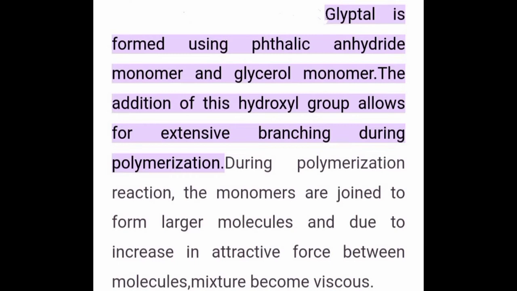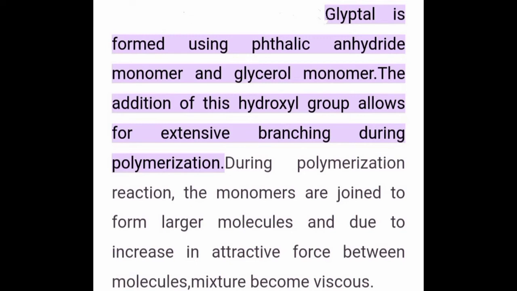After that, students, let us see about Glyptal. Glyptal is also a polyester polymer, but here it is obtained from phthalic anhydride and glycerol as monomers.